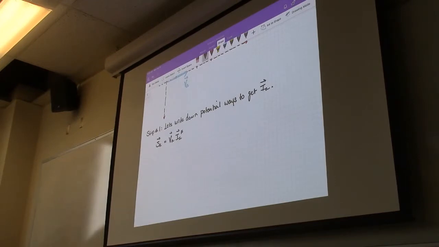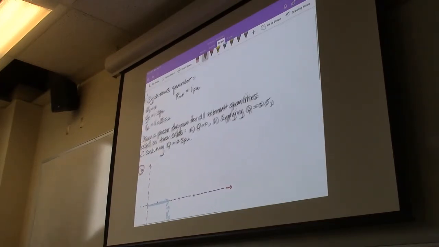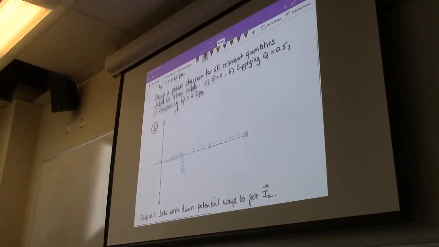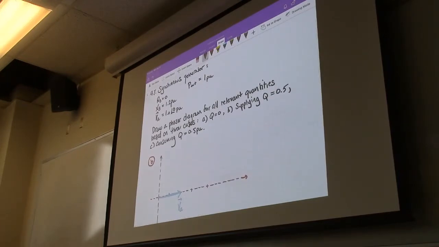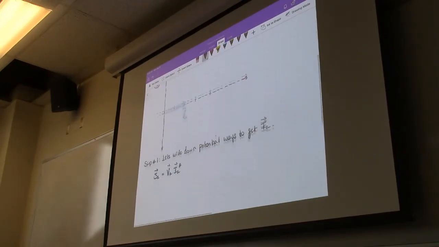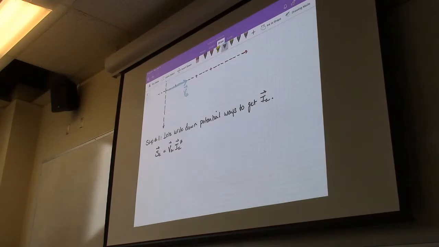And actually that should be good enough for us because we know both those values. So what we can say is that IA will be equal to the conjugate of SA over VA.